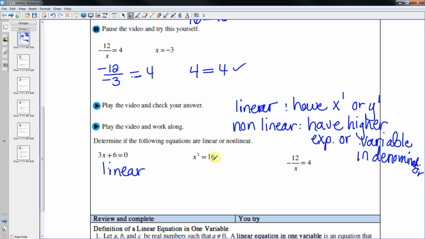X squared equals 16, this one is nonlinear because I have a higher exponent than a 1 with my variable. If I graphed x squared equals 16 on a graph, I would have a curve. I would not have a line. Negative 12 over x equals 4. Again, this has a variable in the denominator, so this would be nonlinear.